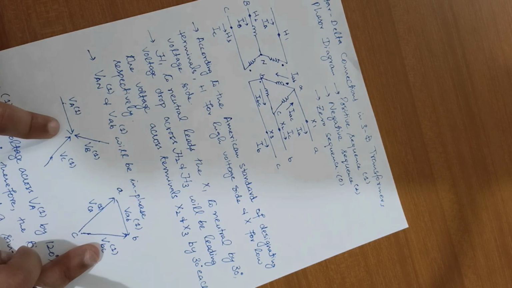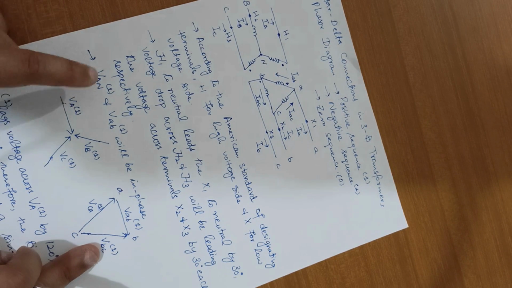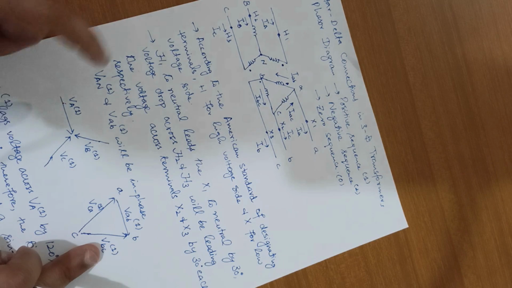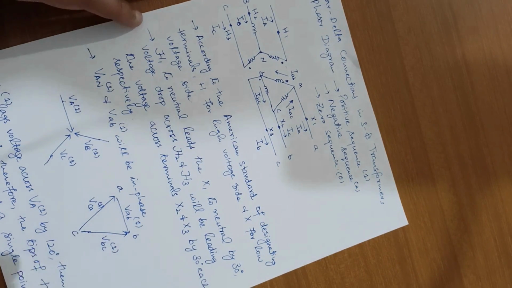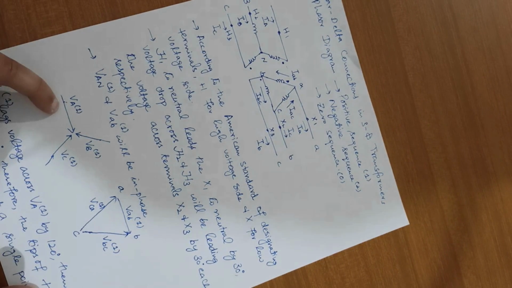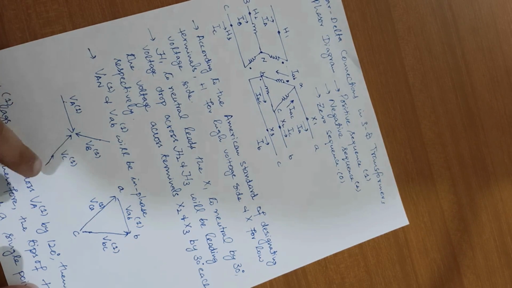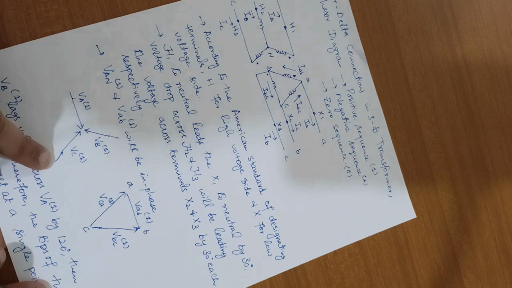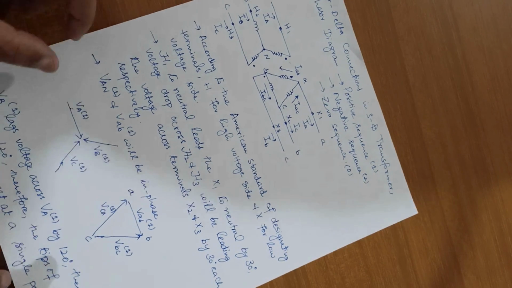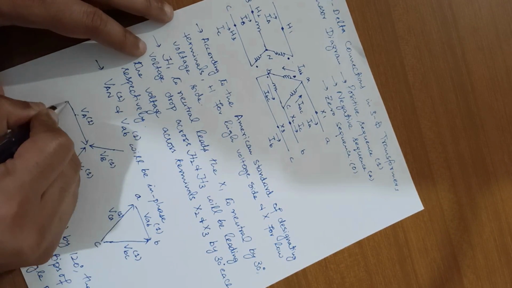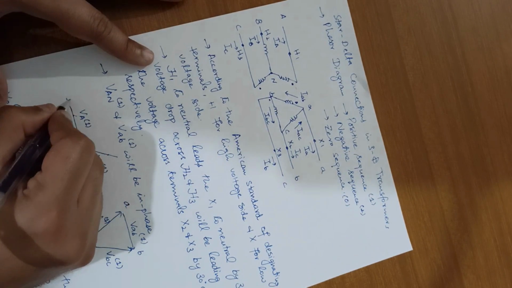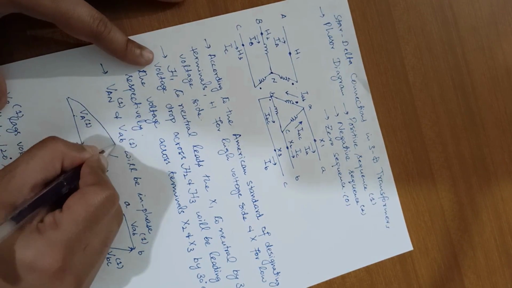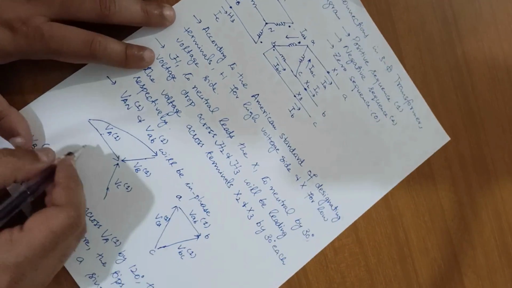So in this case, VAN and VA1 are equal, these are known as a single entity, right? So we have this VA1, VB1 and VC1 present here. So we will now draw a vector just like this, right?